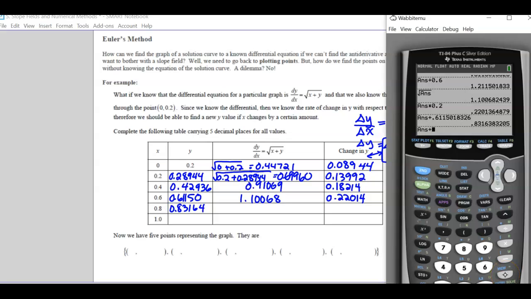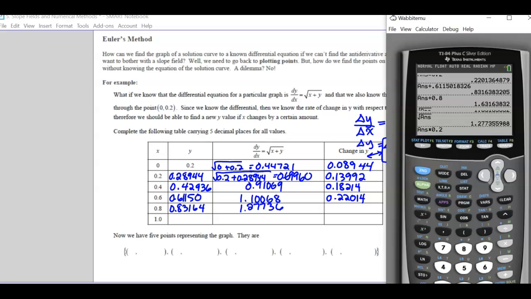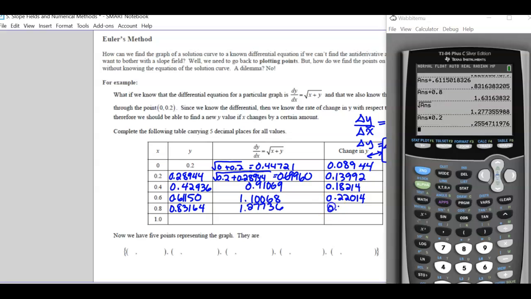And 0.8 to that. Let's go read it. Okay, that's 0.2. Add the previous y value.